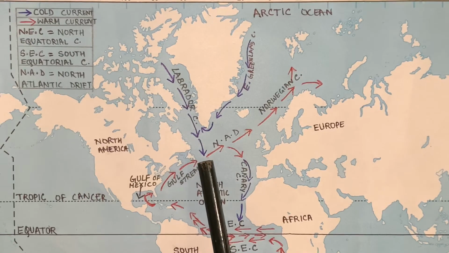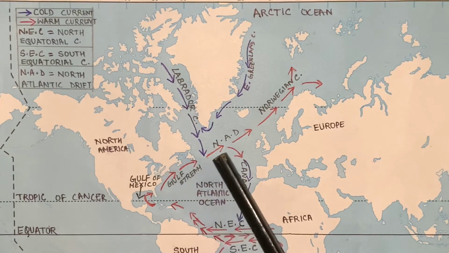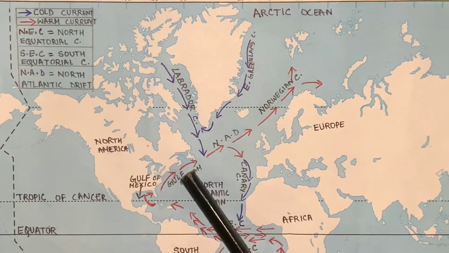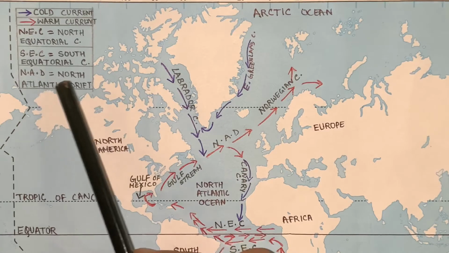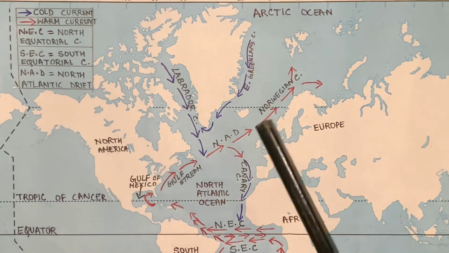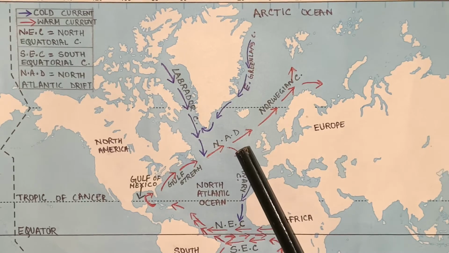As the Gulf Stream travels eastward and northeastward beyond Newfoundland, it is known as NAD, which stands for North Atlantic Drift. On the western coast of Europe, it bifurcates into two parts.